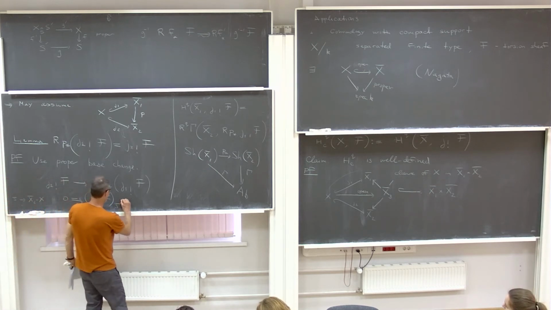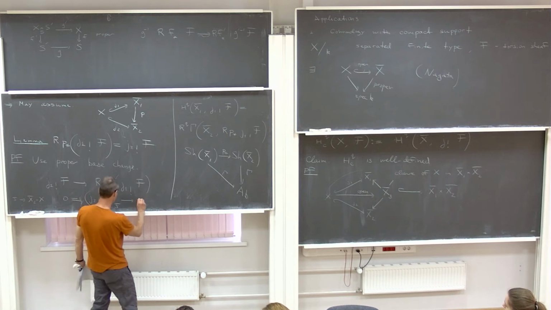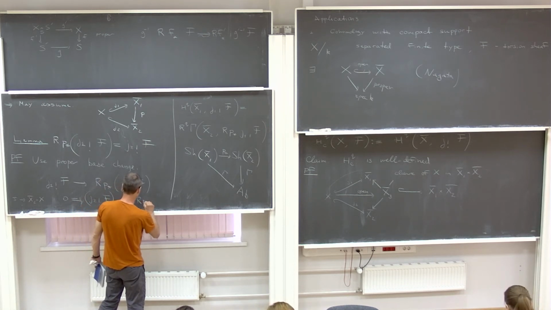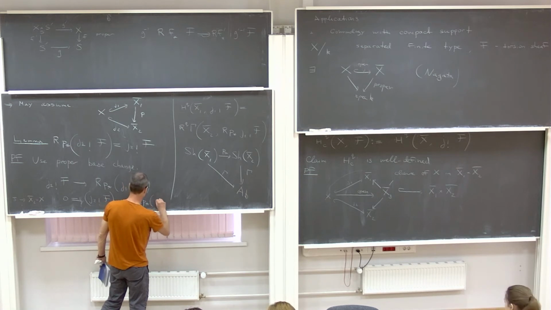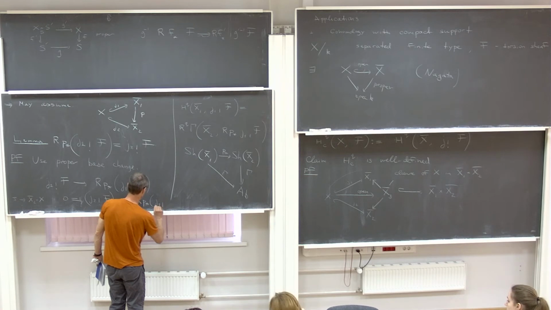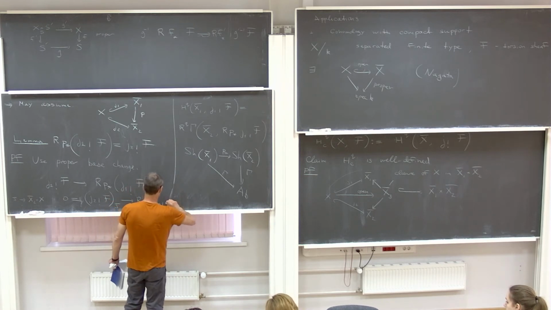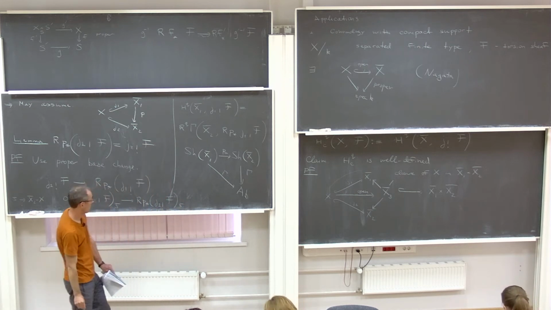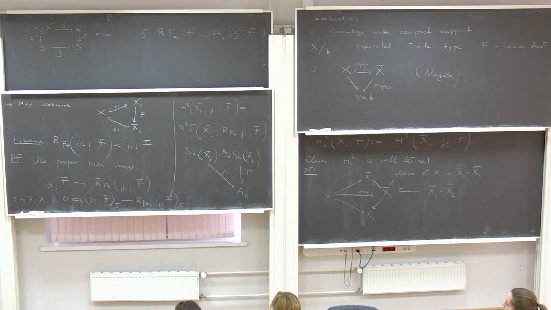So we need to check that this is an isomorphism. So we want to check that this R P lower star of J1 lower shriek of F is also 0.